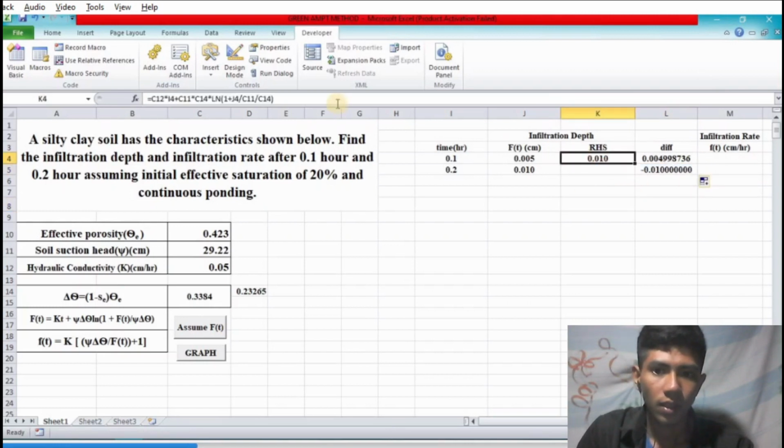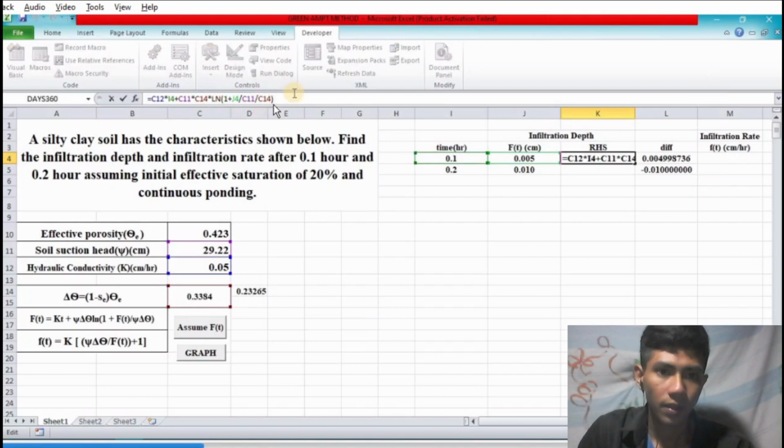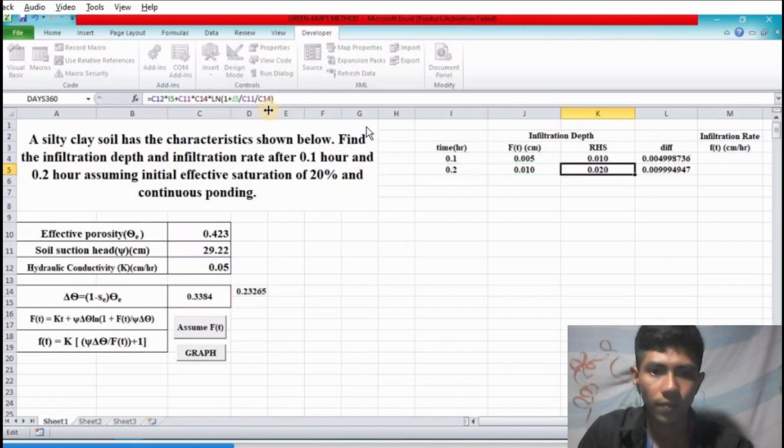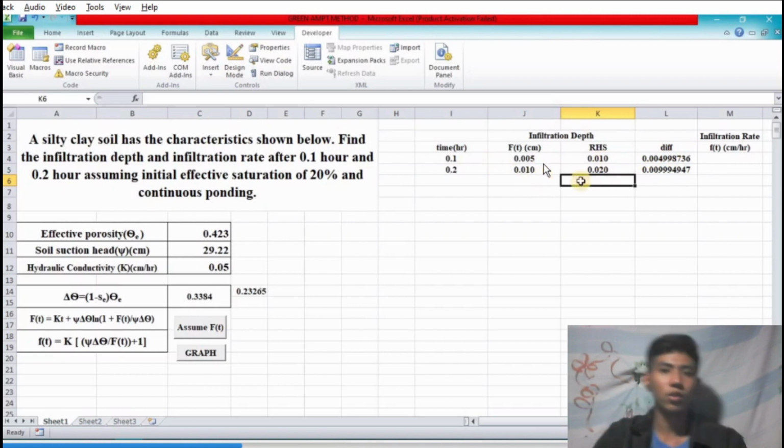We can't drag this down, so we'll just copy the formula with Control C, Control V, and then just change it to 5. Okay, enter. Now time to use the Solver.